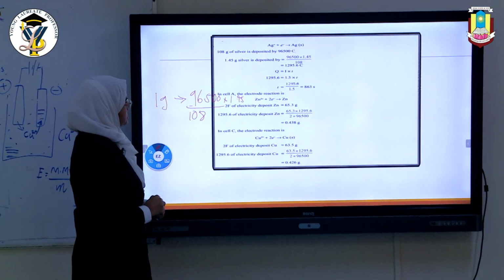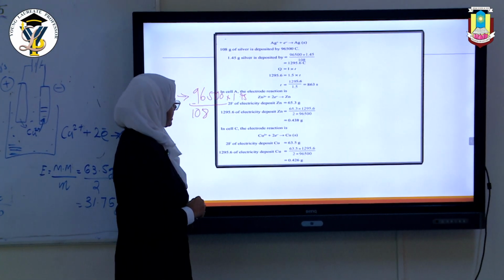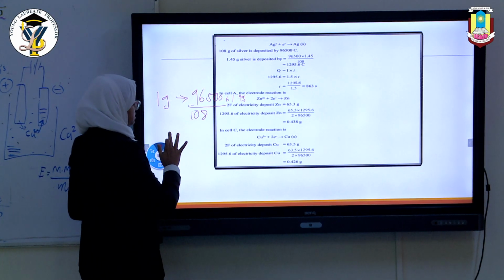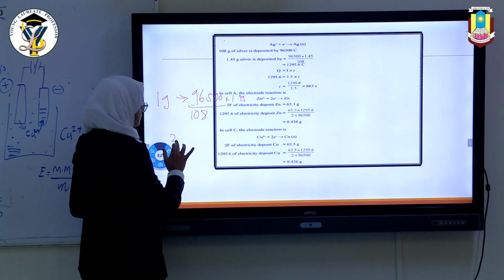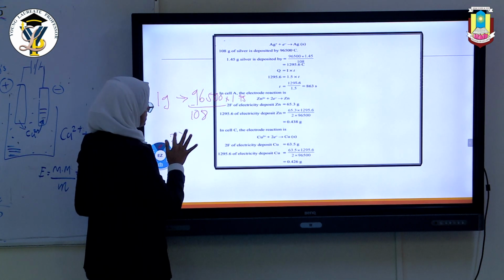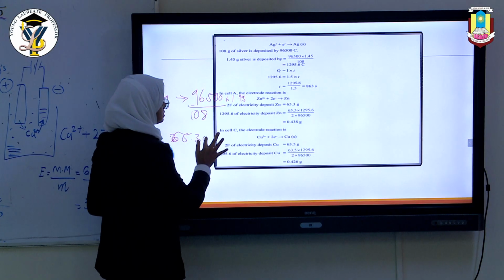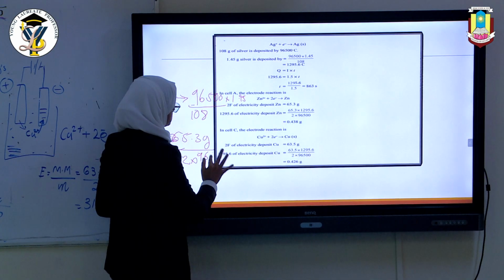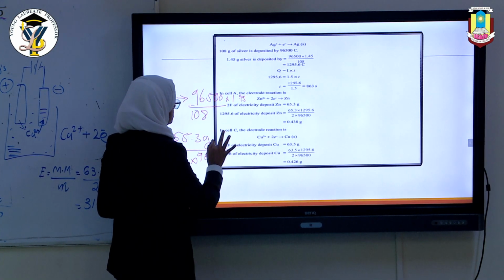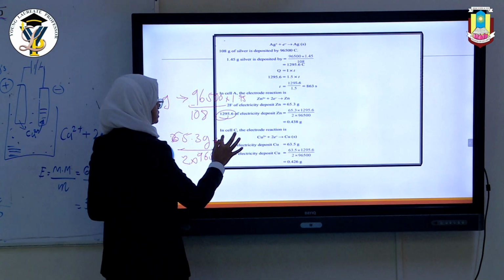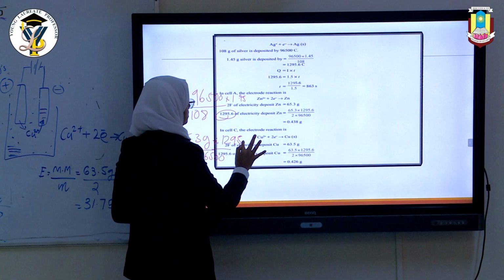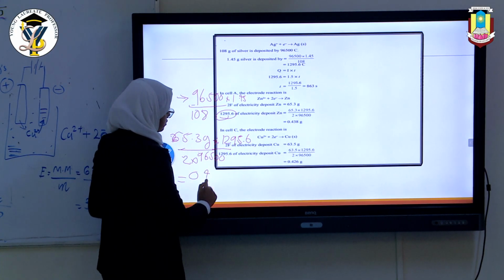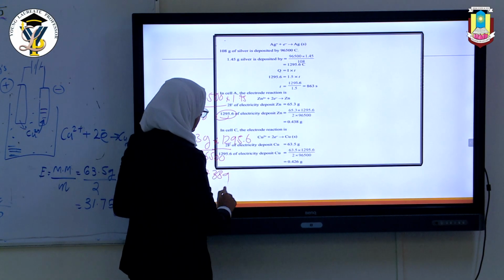And for the mass deposited at cell A, we take the same approach. So to get 2F, so to get 65 grams into 2 into 9650 into our desired value, we will get the answer as 0.438 grams.